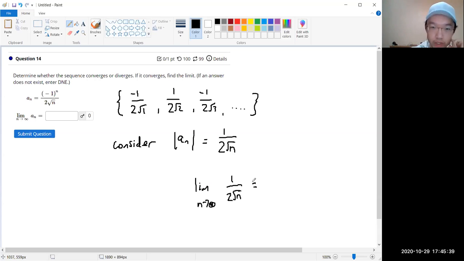Yeah, so the denominator gets bigger, which means the limit goes to 0. So if the limit of the absolute value goes to 0, then the limit of the original series would also go to 0. Okay? So that's how you reach the conclusion.